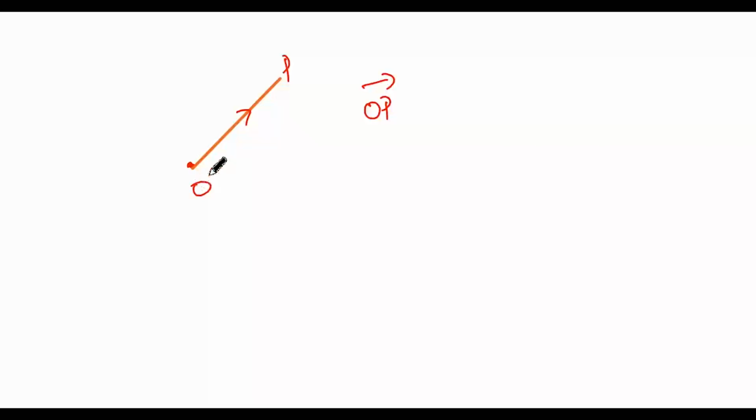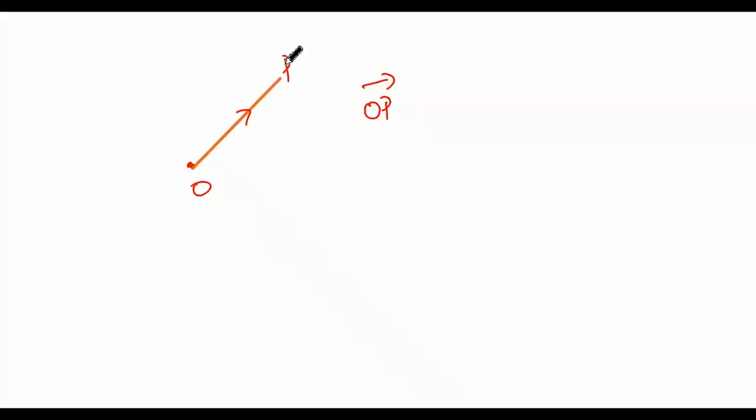For a position vector, the initial point is a fixed point, while the terminal point is this P here. Please take note of this, it's very important.